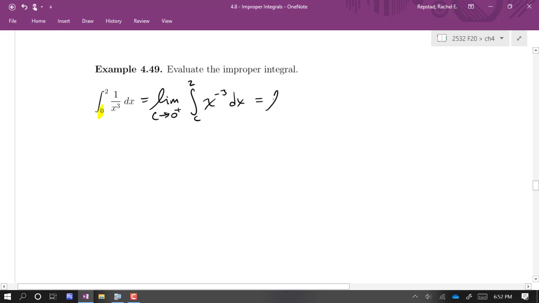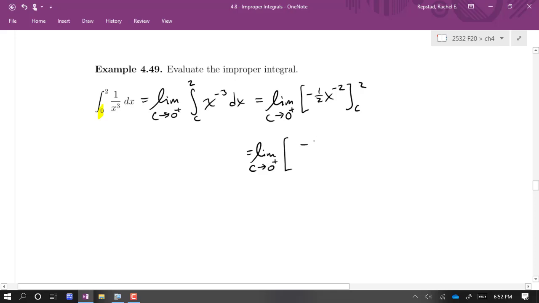That's another power rule integral, so I think we have a good handle on this. Integrating x to the minus 3, we'll get x to the minus 2 times a negative 1/2. I'm going to rewrite this first before I plug in my limits.